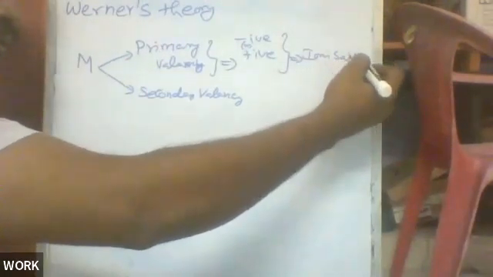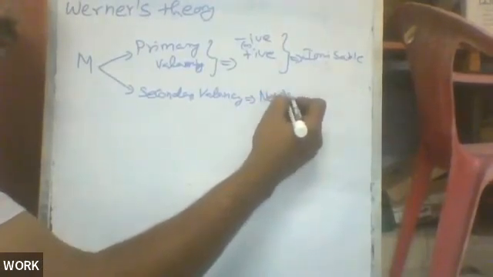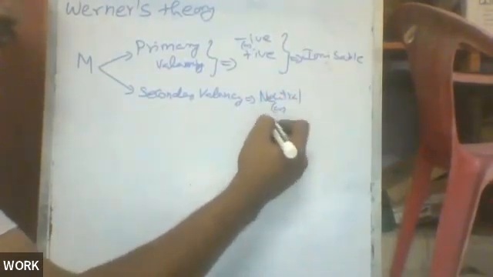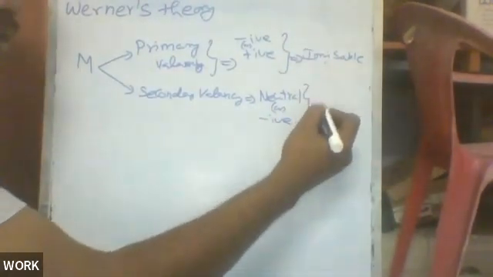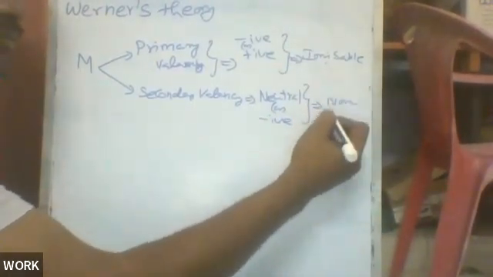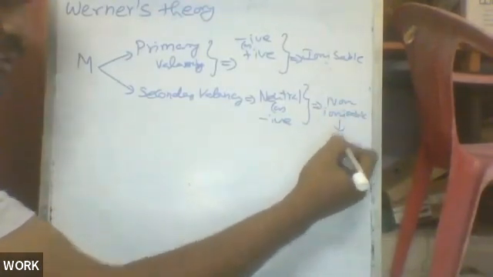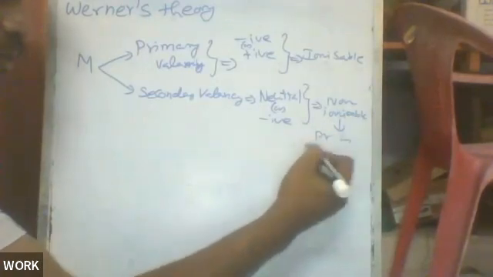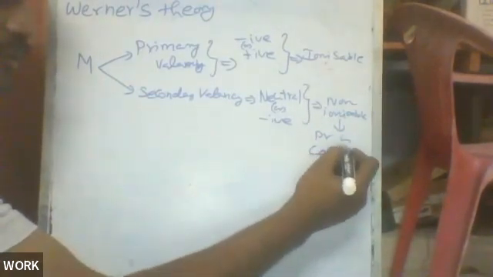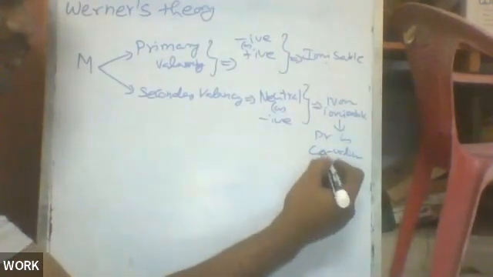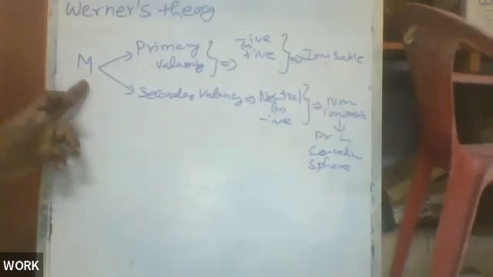And the secondary valencies are neutral, satisfied by neutral or negatively charged species. So they are non-ionizable, which will be present in the coordination sphere.